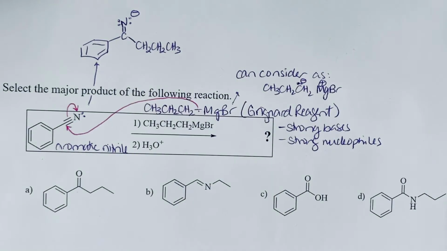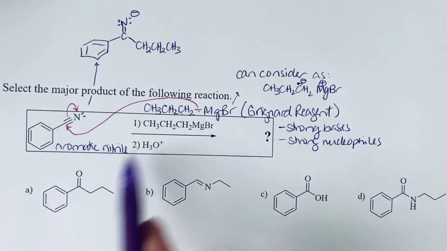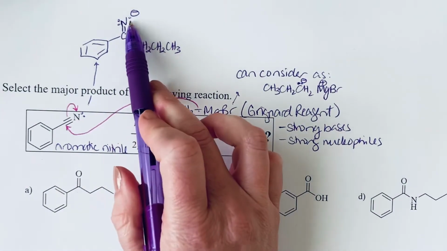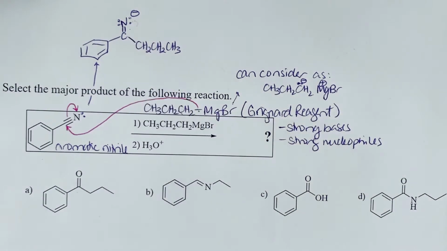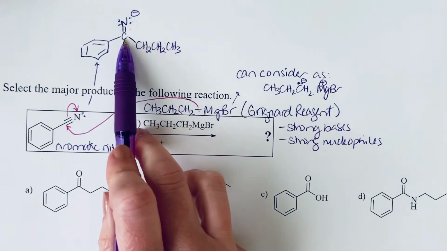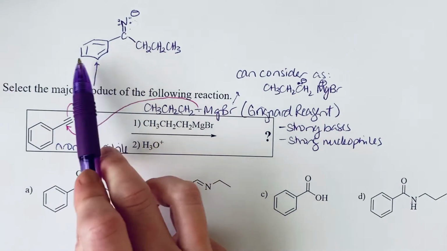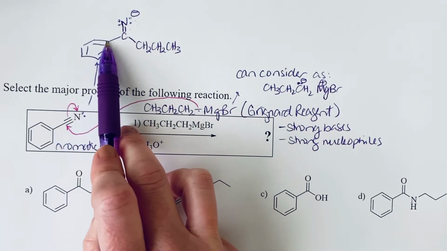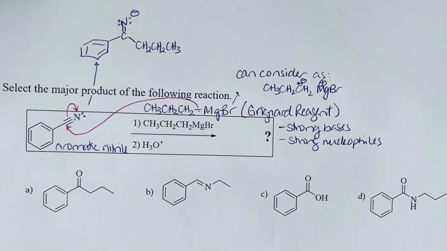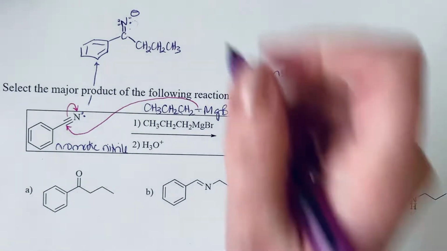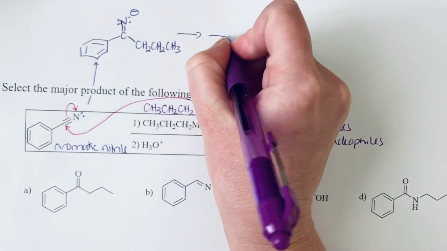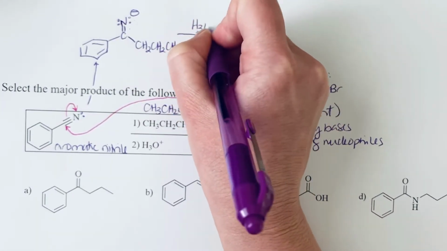And so when we've done these additions before, we've always wanted to look at our intermediate and say, can those electrons come back down and reform a pi bond and kick off a leaving group? And so we want to look at what we have attached to this carbon, and we see that we have another bond to carbon of that benzene ring and the bond to the carbon of the propyl chain. So we do not have a good leaving group in here at all. So this is just going to sit until we add in our H3O plus.